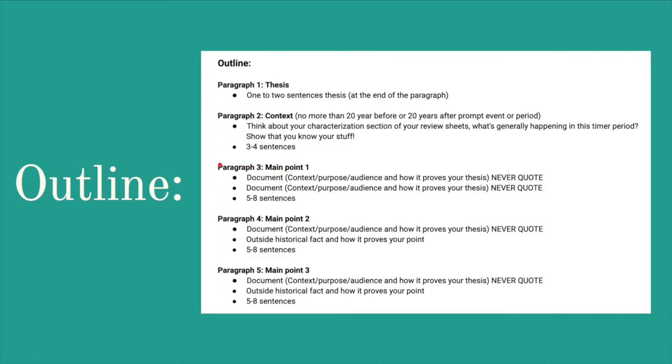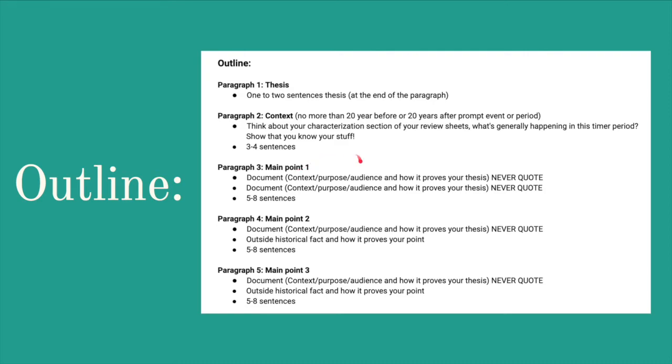Now, paragraph 3 is your first main point from your thesis. Make sure your thesis is what maps out your essay. For this first one, I said to use 2 documents as evidence. That's up to you and how you want to format your essay, but at least one paragraph at the start should have 2 evidences from the documents.